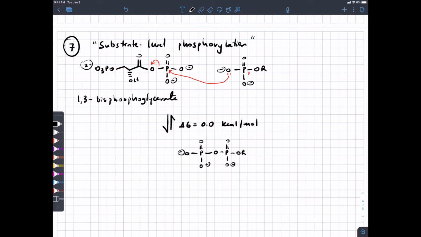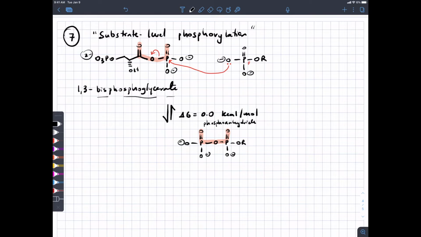But the reason this step is 0 in free energy is that you've taken this mixed phosphoanhydride and you've replaced it with just a regular phosphoanhydride, and they are similar in stability. So by getting to 1,3-bisphosphoglycerate, you've made a molecule that is as reactive as ATP. And so it's easy to make ATP from 1,3-bisphosphoglycerate.